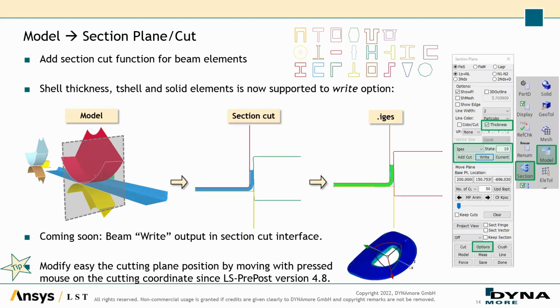So for example, here in the pictures, you have a blue shell part and you can activate thickness. Then you see the real thickness of the shell part in the cutting view. And then you can output the geometry surface with the fright option and use this geometry information for follow-on processes.